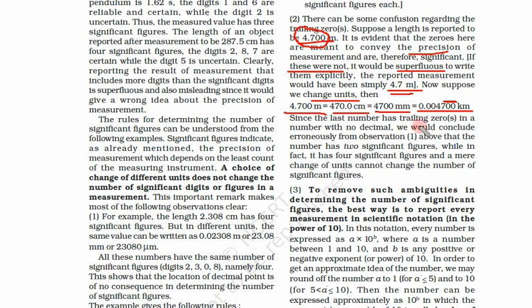Since the last number has trailing zeros in a number with no decimal, we would conclude erroneously from observation 1 above that the number has 2 significant figures. So in the others we definitely know there are 4 significant digits because there is a decimal and zeros, so all the zeros are significant.